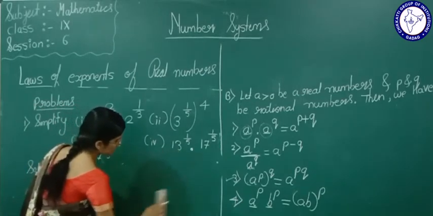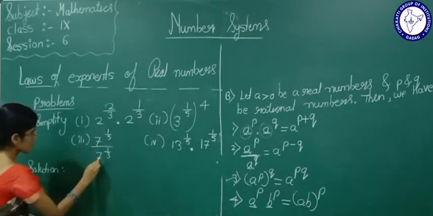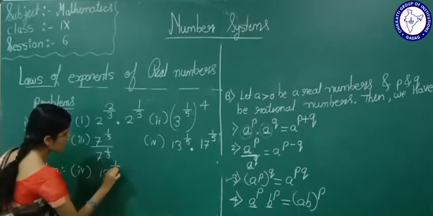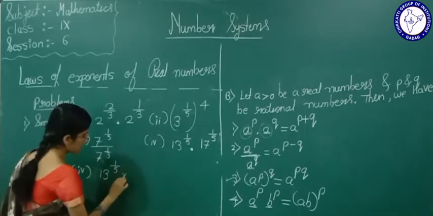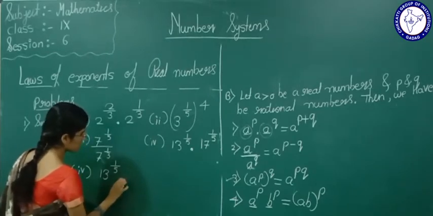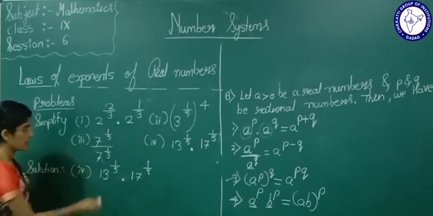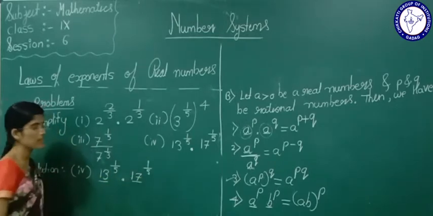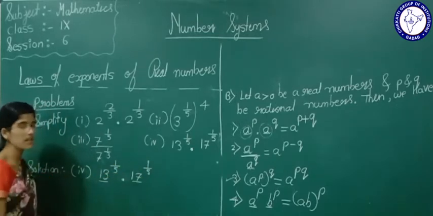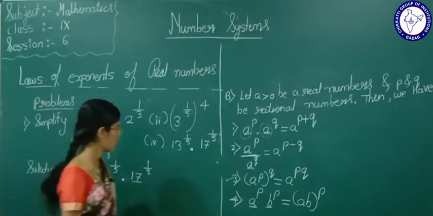Now we will see the fourth one. Fourth one, 13 raised to 1/5 multiplied by 17 raised to 1/5. Now see here, the bases are different but the exponents are the same. So which law are we going to use here?